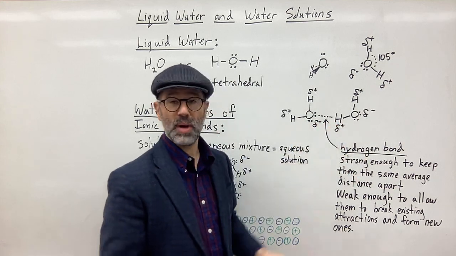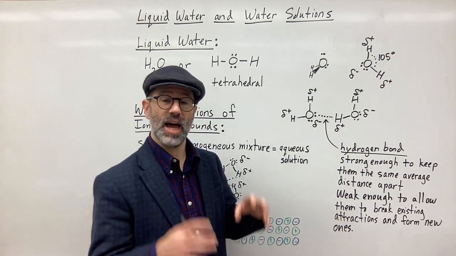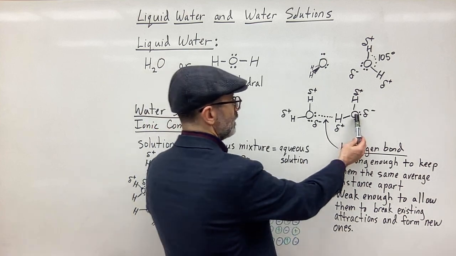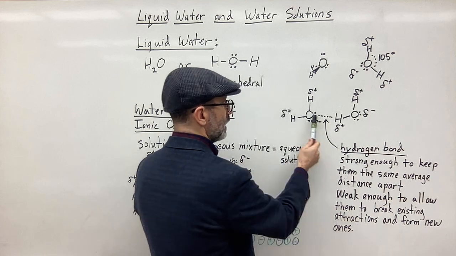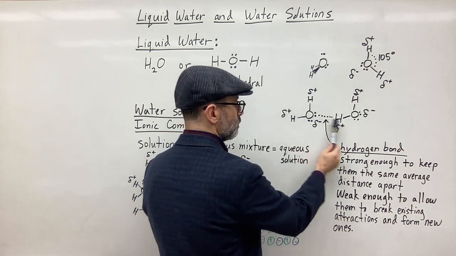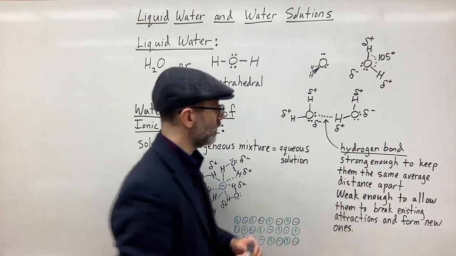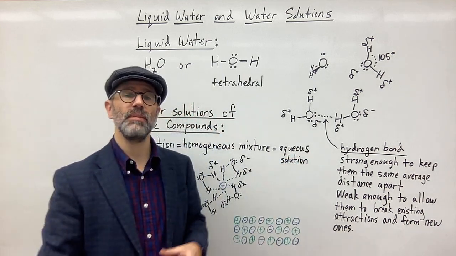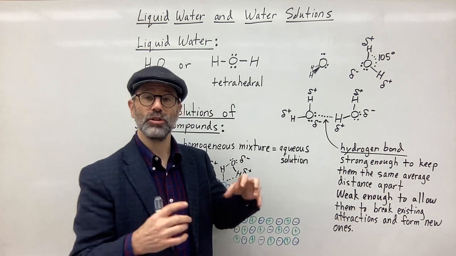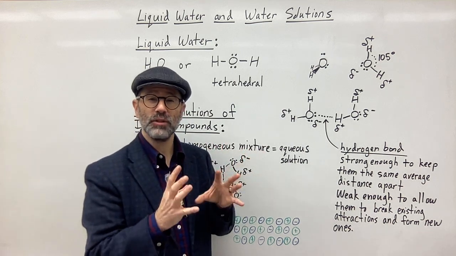Again, the hydrogen bond is between molecules, not within the molecule. So here, this OH here is not a hydrogen bond. We don't call that the hydrogen bond. Here, between these molecules. What's important to realize about the hydrogen bond is that the hydrogen bond is strong enough to keep these water molecules at the same average distance from each other.